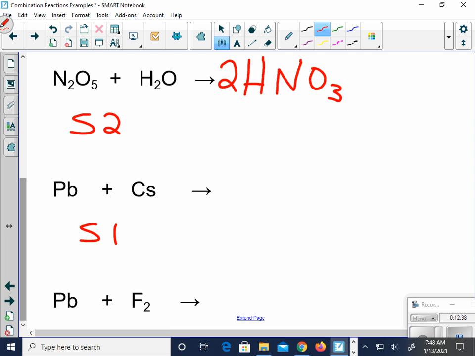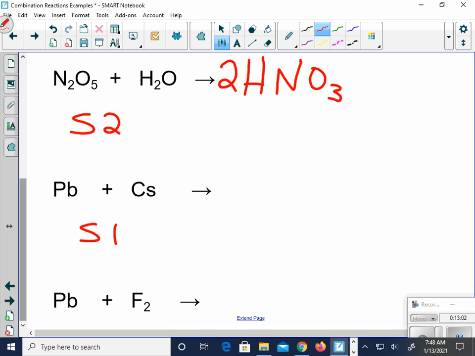2 elements combining together. Now, as I look, I could have a couple things. I could have a metal and a non-metal. That's not the case here, is it? Because I don't have a non-metal. I could have a non-metal and a non-metal, which is not the case. What is the case here is that I have 2 metals, right?